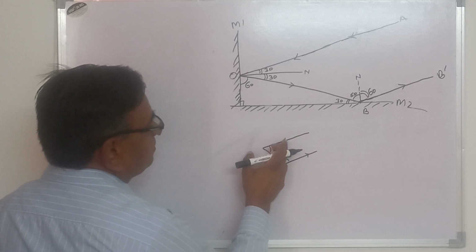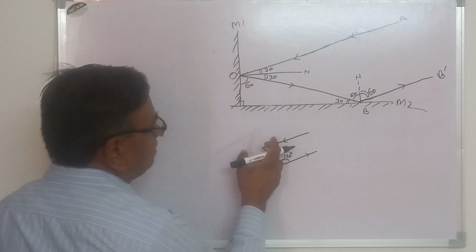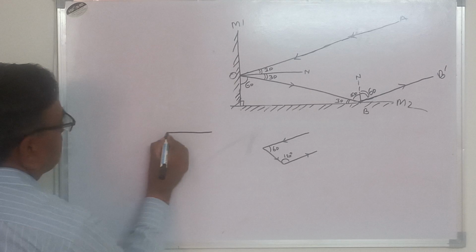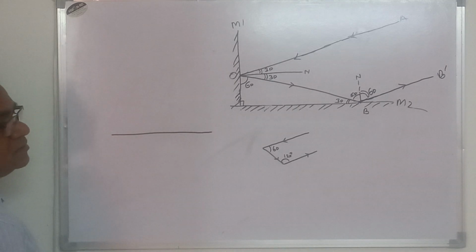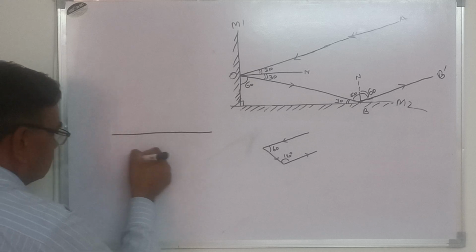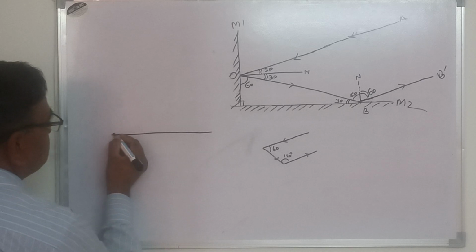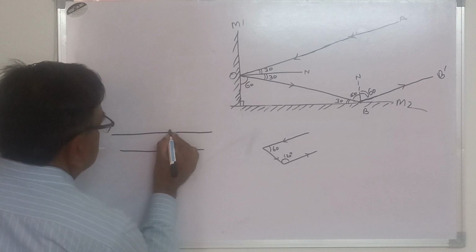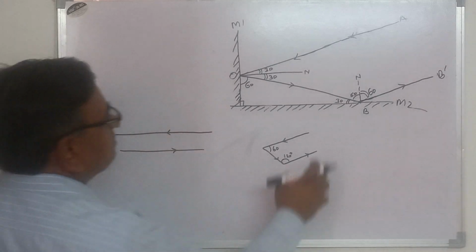Why? This has taken a turn of 180 degree, which means something is going in that direction, and by turning 180 degree it turned back in this direction. So this is the case.